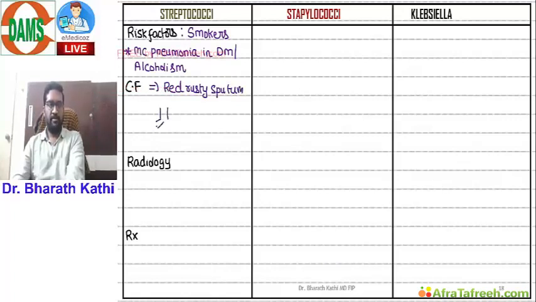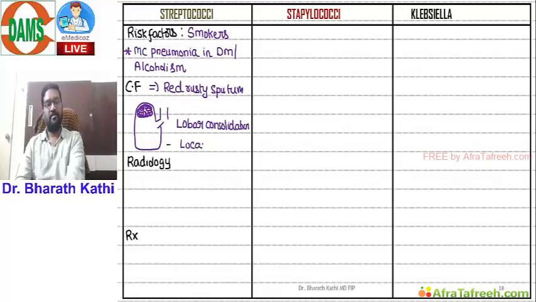Now the radiology, consider this is the lung. Streptococcus can cause localized consolidation. This is called lobar consolidation, a localized involvement of a lobe or segment of lung.